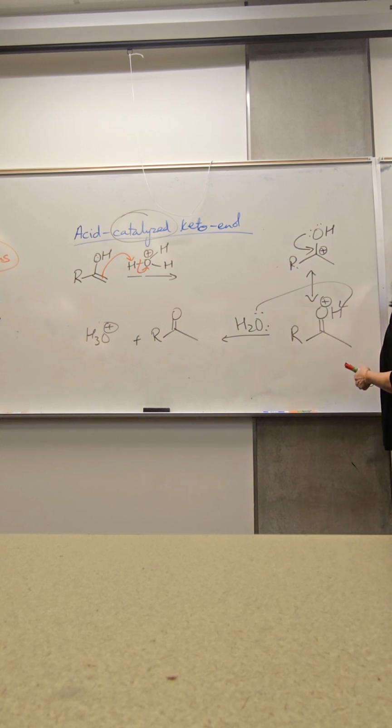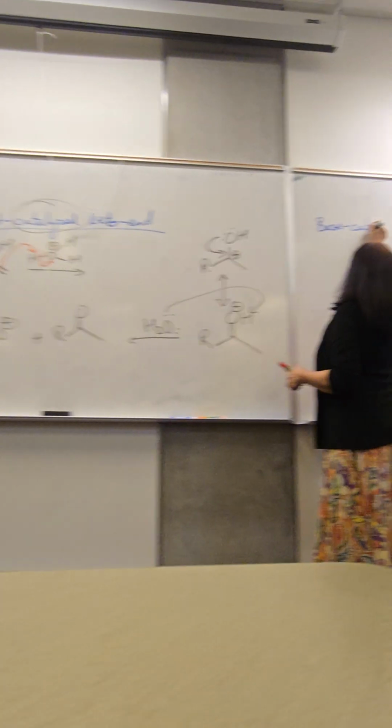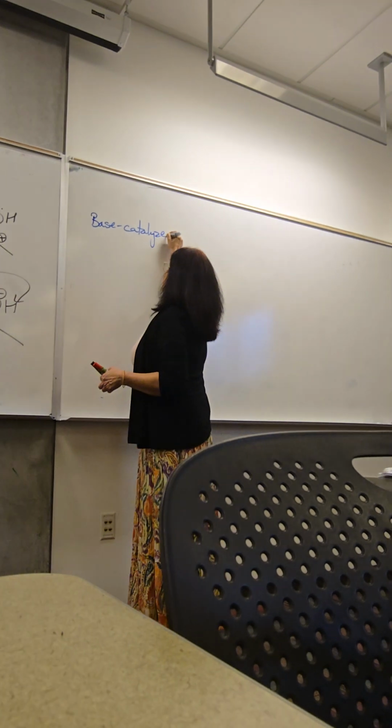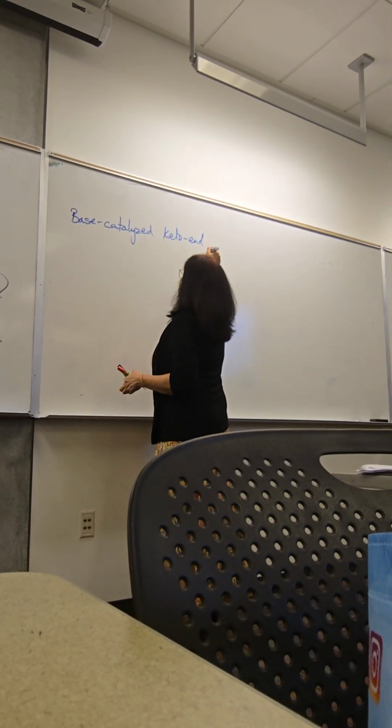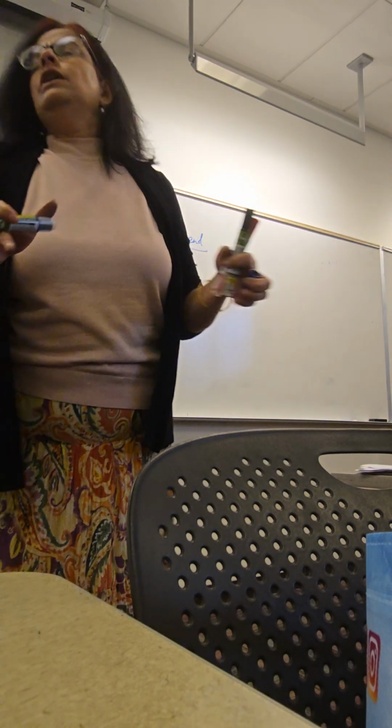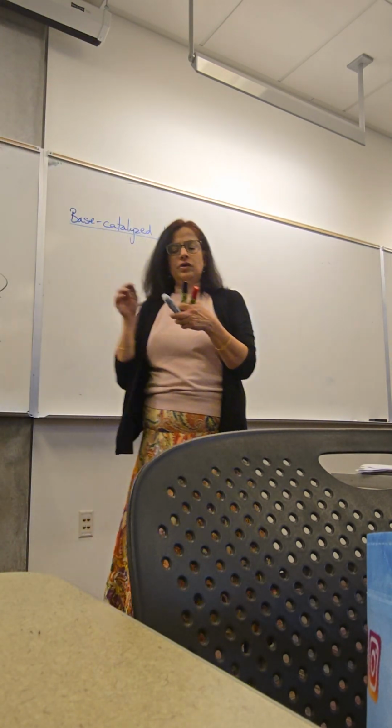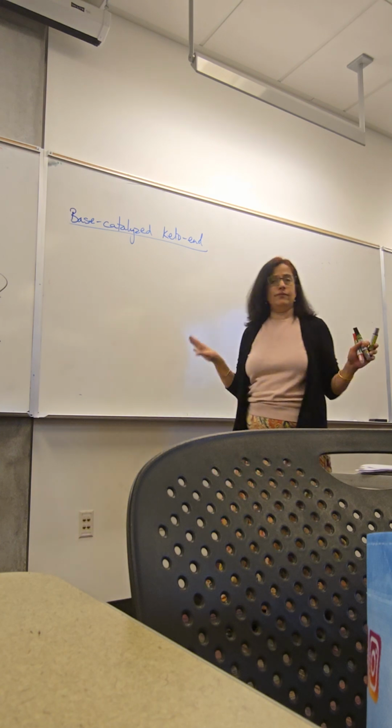The base catalyzed process, keto-enol tautomerism. Please make sure you know how to write these mechanisms. All mechanisms we work on, you should know. Mechanisms we don't actually work on in class, you don't have to know.